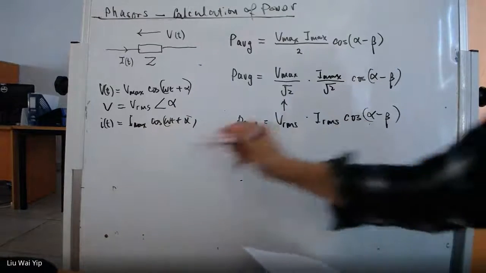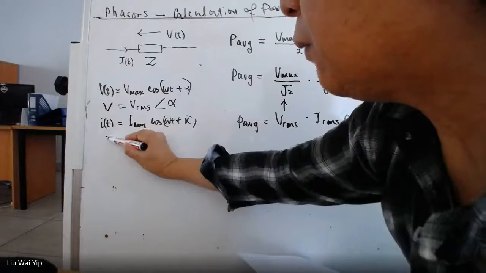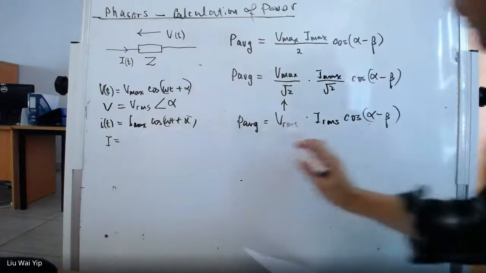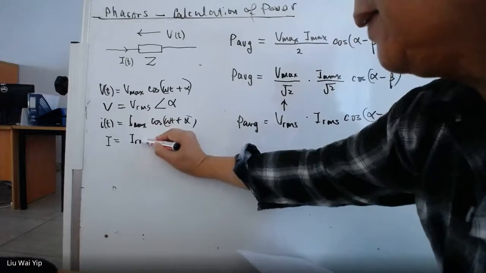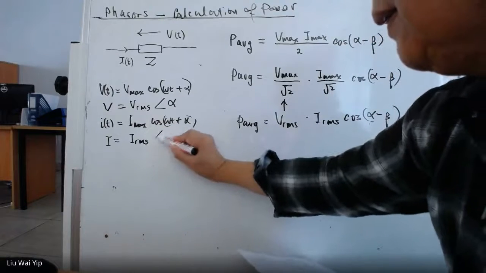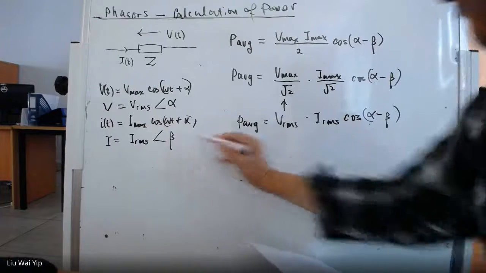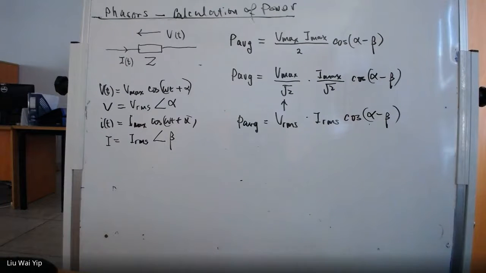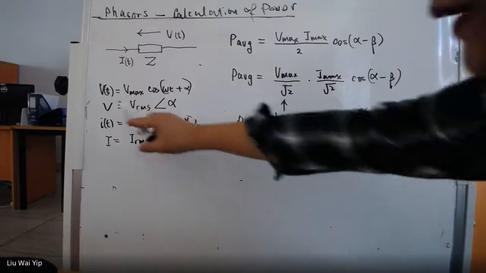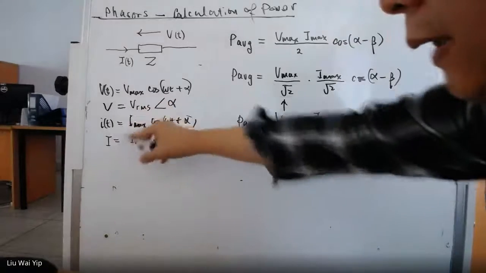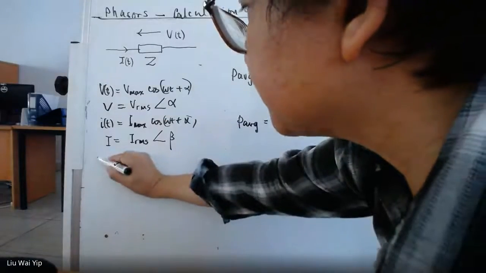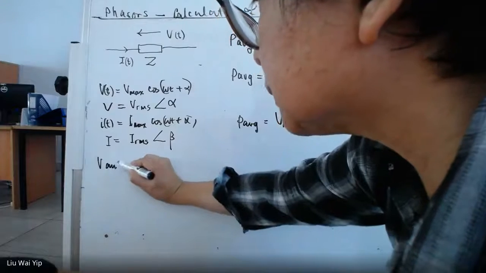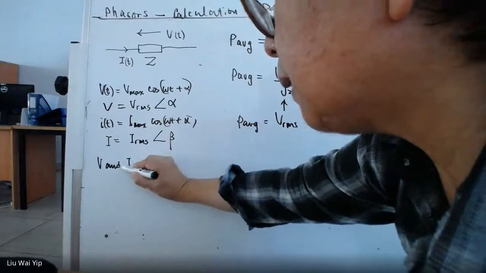By the same token, the phasor for I is I RMS times the exponential of j beta. So these two variables, V and I, are complex values.